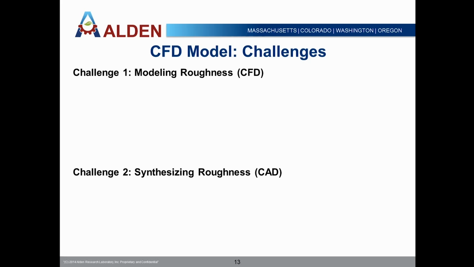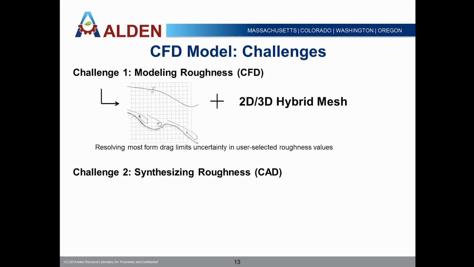Well, we used CFD modeling, as I said, but there's two main challenges with that. One was the roughness. So how do we model this roughness in a manageable way? With CFD, we're lucky, we have the vertical resolution, so we can pick up a lot of those roughness features that cause form drag, and we can explicitly model that foot to 2 foot scale ups and downs of the bed that we think is going to exist after construction.